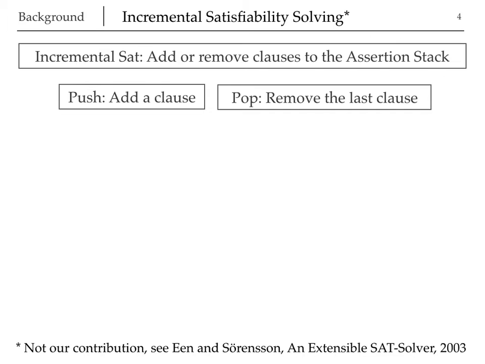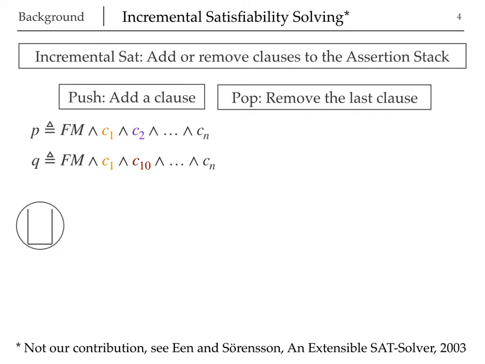Incremental satisfiability solving allows the end user to manipulate an assertion stack. You can add a clause or you can remove a clause via a push onto the stack or a pop off the stack. So if we have two propositional formulas, P and Q here, that share several terms, we can start our solver with an empty state. We can push the feature model.